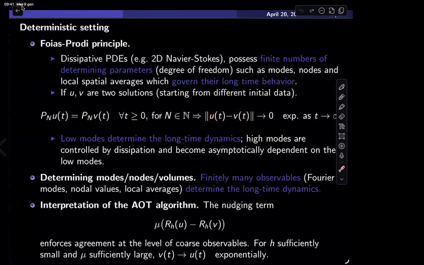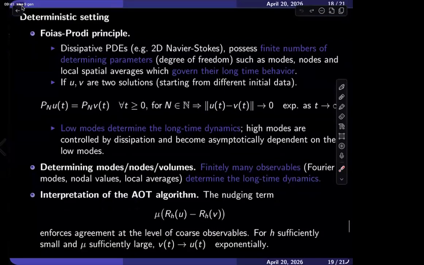So basically the dynamics is governed by what happens on these finite dimensional manifolds. The low modes determine the long time dynamics of the equation. And this is the idea behind data assimilation, because as we've seen, finitely many observables basically determine the dynamics of the whole system when time goes to infinity.